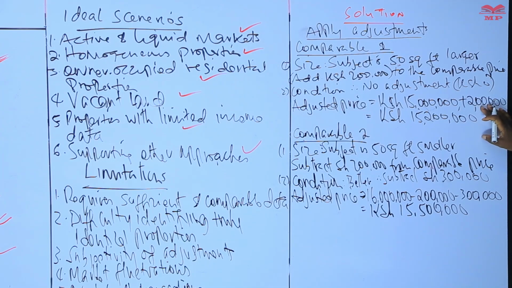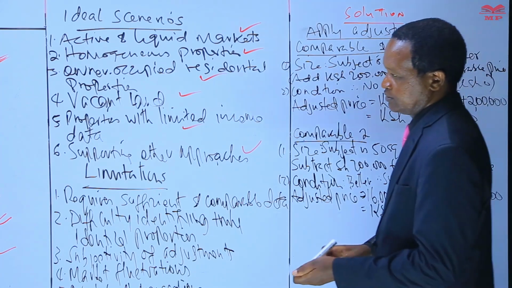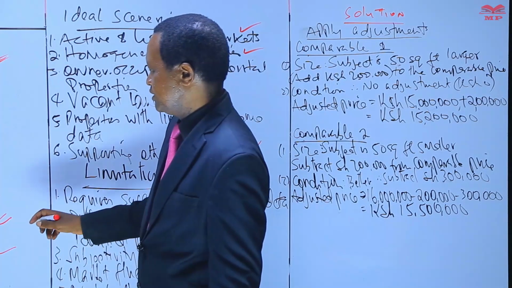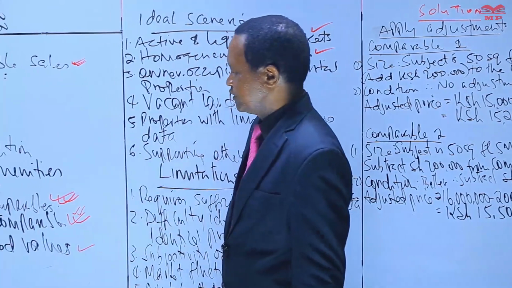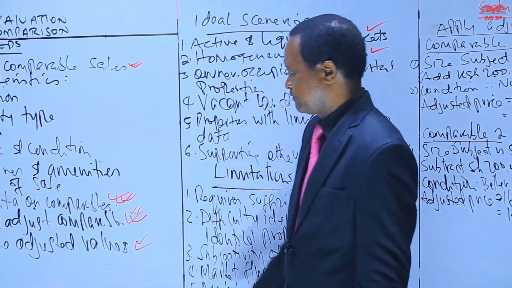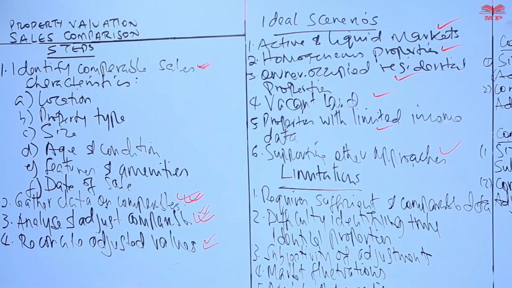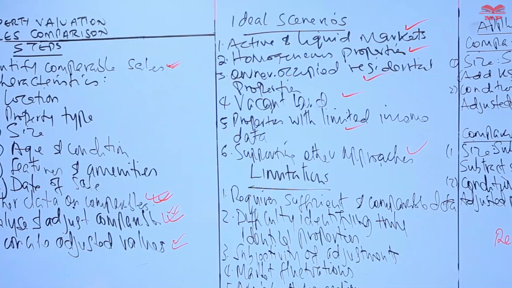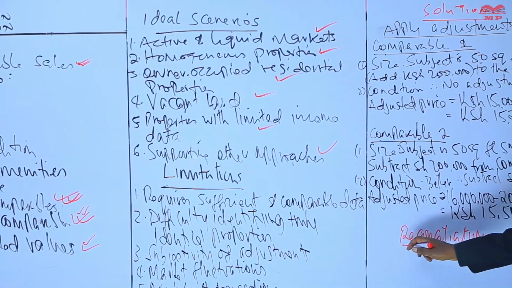If you are to go back to our steps, we have analyzed and made adjustments to the comparable prices. So the fourth step is to reconcile. The last step here, we are going to do a reconciliation of these two prices. Reconcile adjusted values.